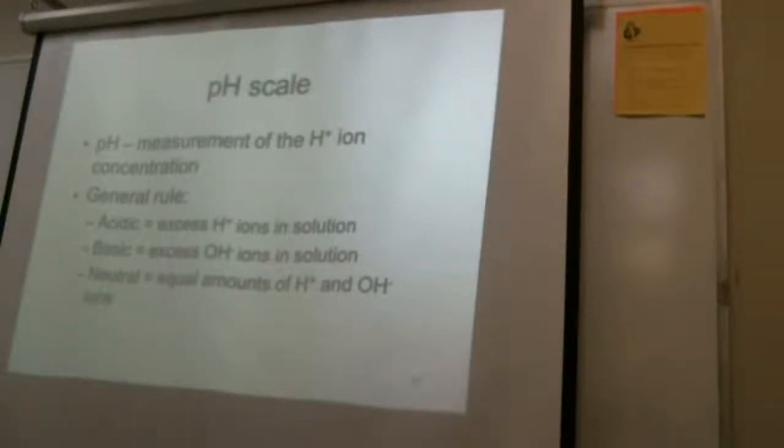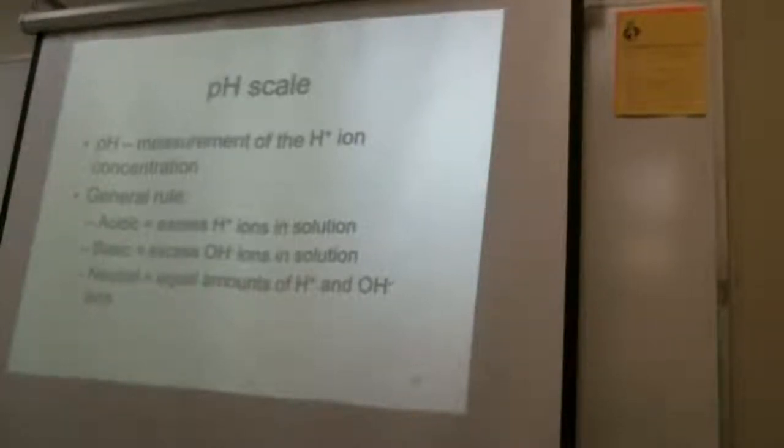Now, I usually do a test question on this, so make sure that you know these rules here. If you have a solution that's neutral, you have equal amounts of hydrogen and hydroxide ions. The H pluses are the same as the OH minuses.